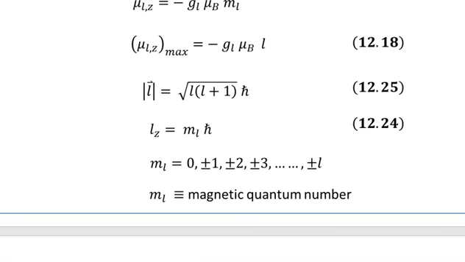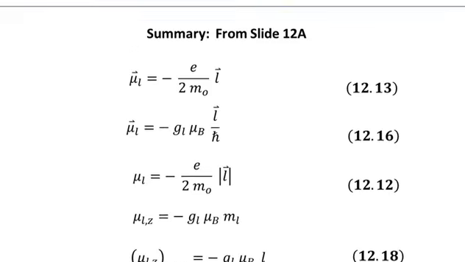So you see that in the previous slide, I talked about the orbital angular momentum of the electron, that is this L vector. And then we also talked about the orbital magnetic moment of the electron and their mutual relationships.